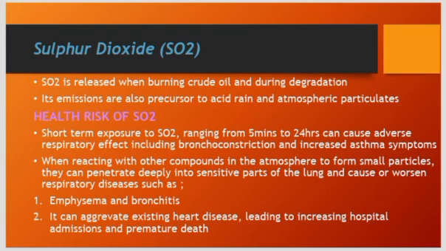Emphysema is difficulty in breathing, and bronchitis is inflammation of the bronchus, which also leads to difficulty in breathing. So it aggravates existing heart disease, leading to increased hospital admissions and premature deaths.